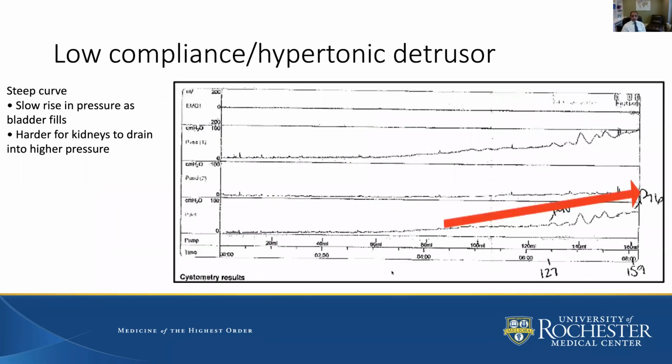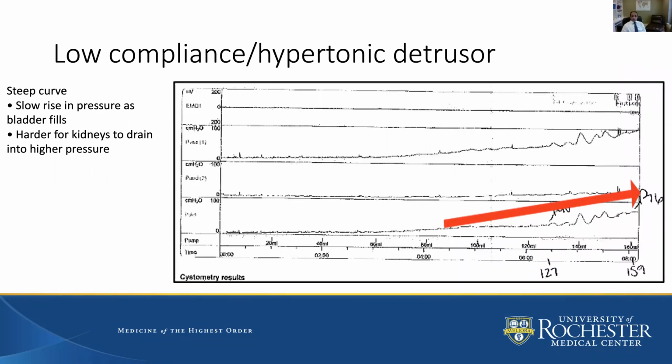A non-compliant bladder is one where the bladder pressure starts rising with filling. Here you can see that it reaches up to 40 at about 120 ml, and at this point, it's considered not safe for kidney drainage.